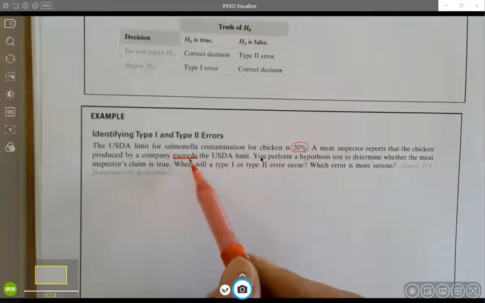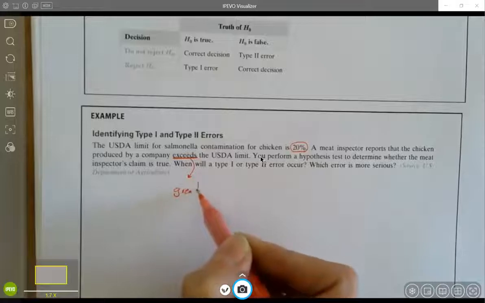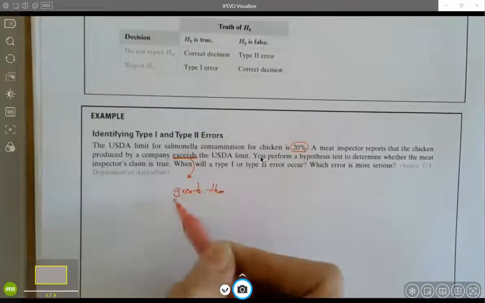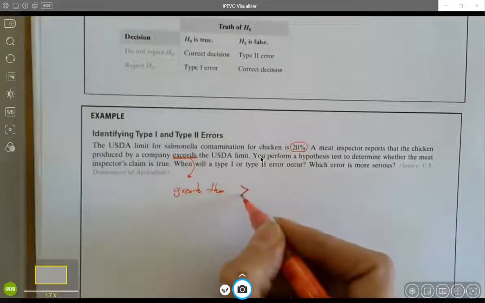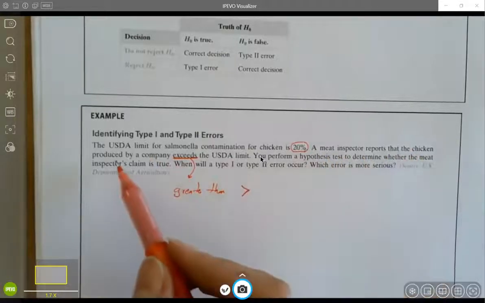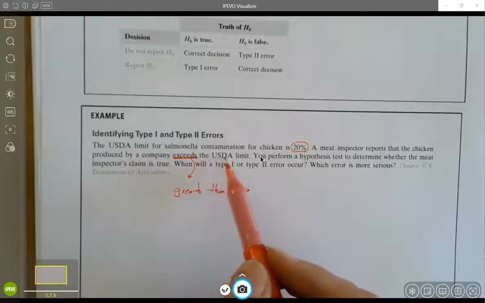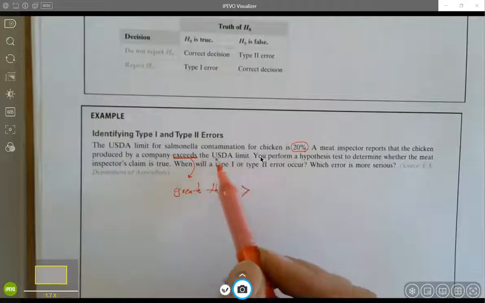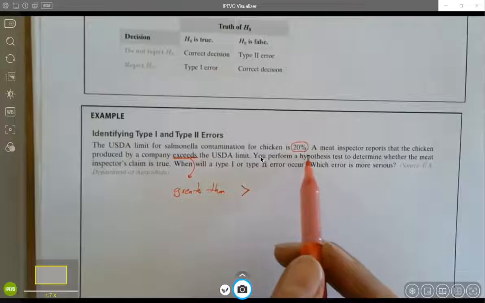First of all, what's the meaning of exceeds? Exceeds means that it is greater than. So greater than, the mathematical symbol is greater than. The inspector reports that the chicken produced by the company exceeds the USDA limit. It means that the proportion is greater than 20%.